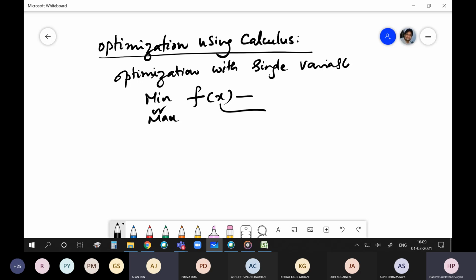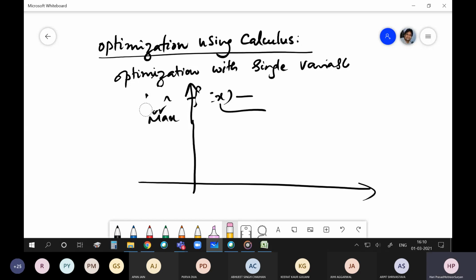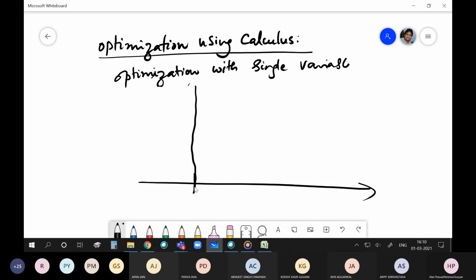Let us say I plot the variation of this function f of x as a function of x.